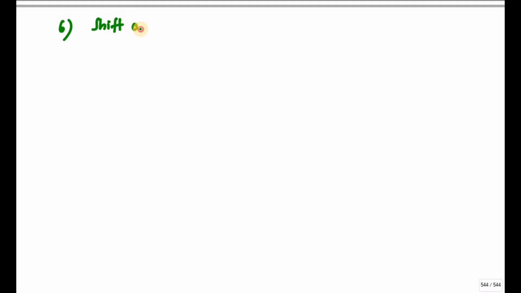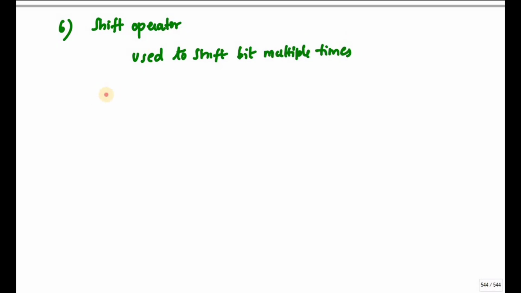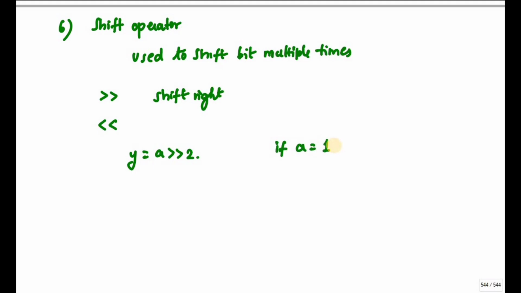Next one is the shift operator. It is used to shift the bits either left or right, multiple times. The greater-than symbols shift right, and the less-than symbols shift the variable left.